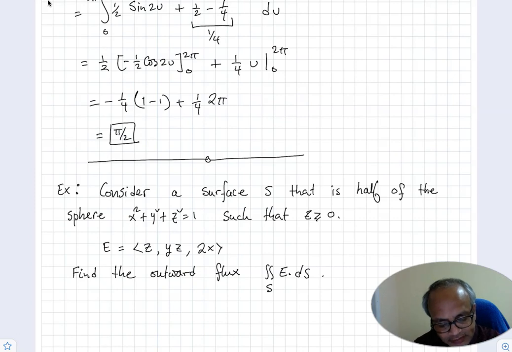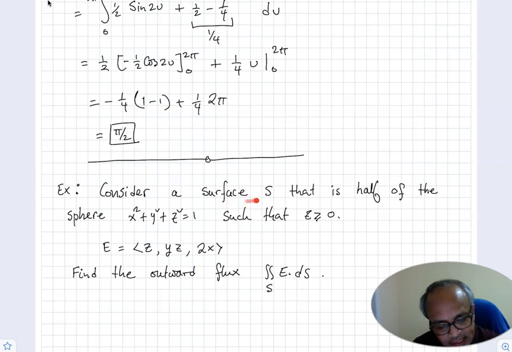So the surface this time is given by half of the sphere. See, this time I did not mention here that the surface consists of a part of the sphere and the disk, so the statement should be clear.